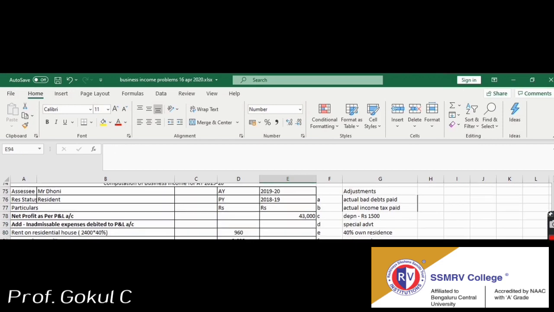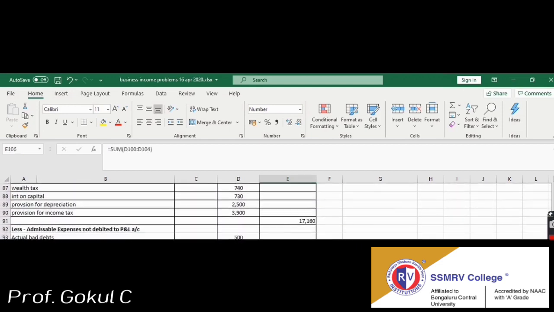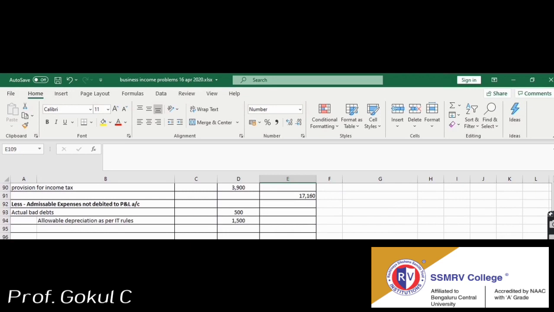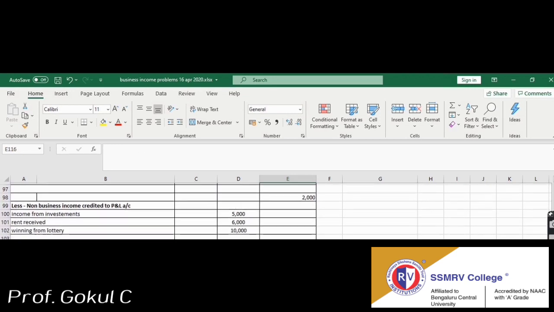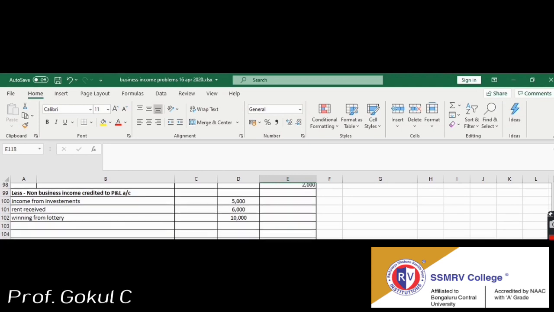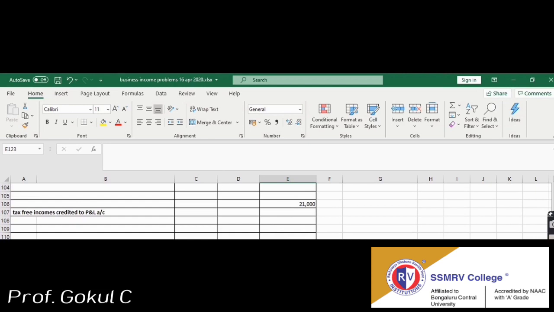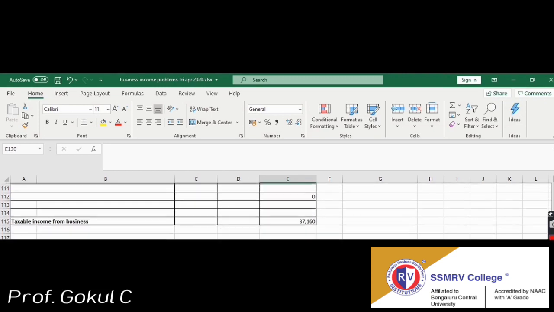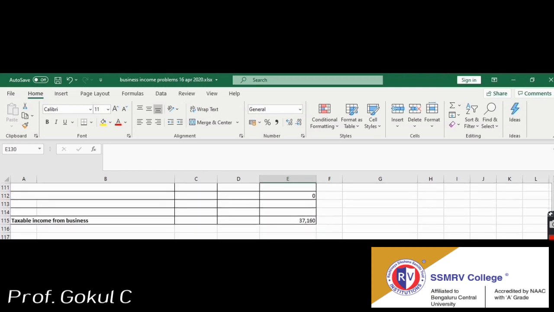So 43,000 plus 17,160 less admissible expenditures, 500 and 1,500, which is 2,000, and the non-business income, 10,000 plus 5,000 plus 6,000 plus 10,000, that is 21,000. Tax-free incomes you don't have anything, and therefore the total taxable income from business is 37,160.